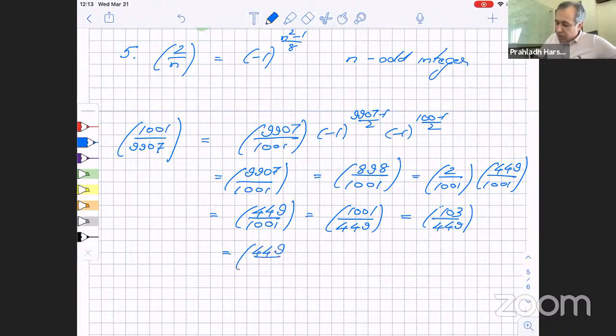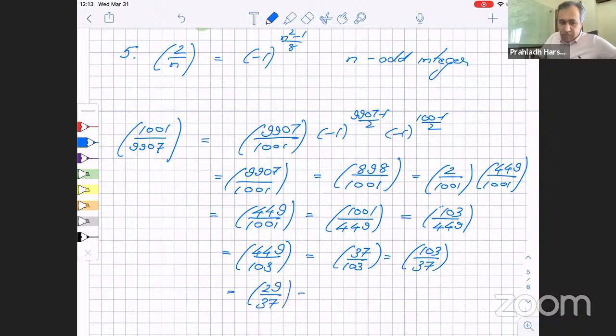Then once again, you can use quadratic reciprocity to flip it and find the minus one factor. It happens to be 1 again. Great. Once again, now you use remainders. You get (37/103). Then you flip this again, (103/37), then (29/37).